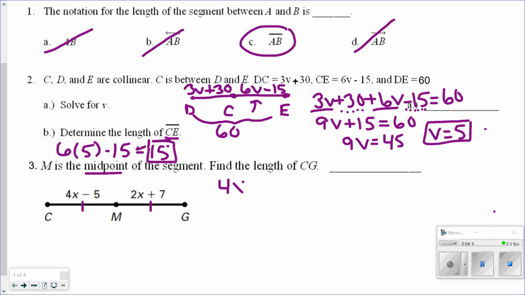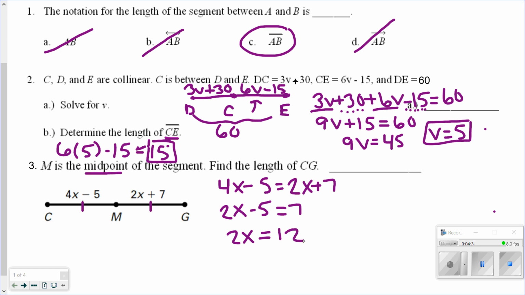So 4x minus 5 is equal to 2x plus 7. Subtract 2x on each side. I end up getting 2x minus 5 is equal to 7. Add 5 to each side. 2x is equal to 12. Divide by 2. X is equal to 6.